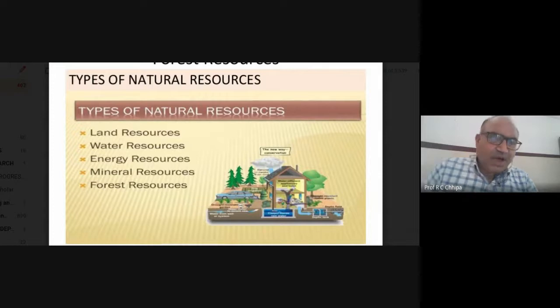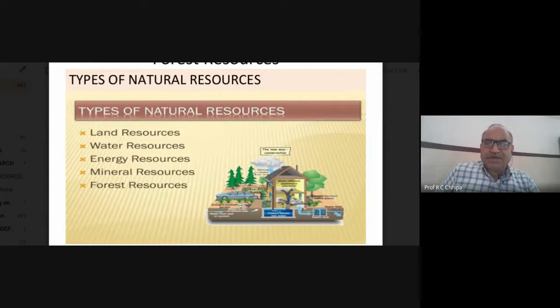Now we have to come back towards nature. We have already discussed the definition of water and other definitions, and in this presentation we have to take up the forest resources.